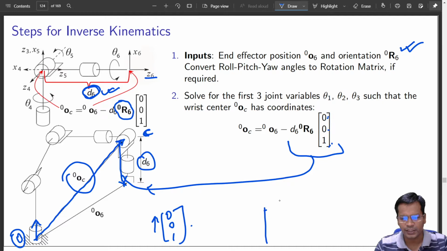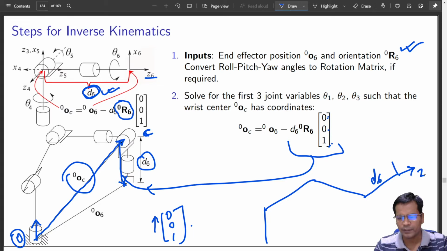So with the first link, second link and third link, the end effector may be oriented like this. D6 is oriented in the same manner as the end effector frame E. The rotation matrix of this end effector frame has effectively rotated D6 about the base frame, which was O.